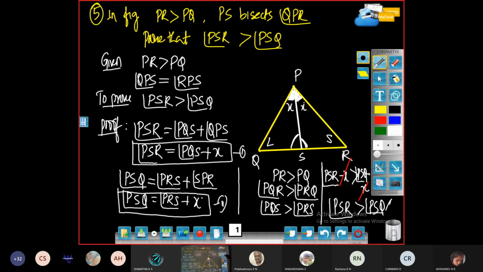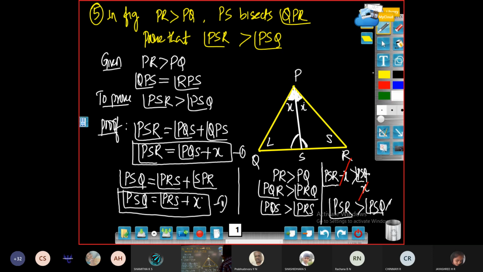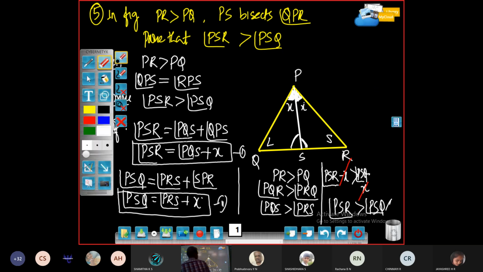You can do one thing here. You write here clearly, this is greater than. Instead of writing PRS, you write it as PSQ minus X. Now you cancel this.